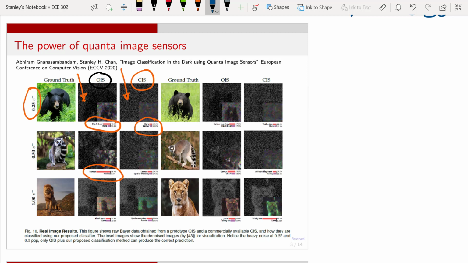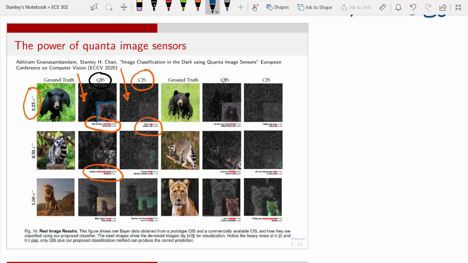With the quantum sensor you are counting every photon, and this binary sensing mechanism will help you capture as many photons as you can, and therefore you will be able to reconstruct a better image. Compared to that, the CMOS image sensor has full of noise, and so there isn't any signal there, and so the classification will not be good even if you use the best image classifiers.